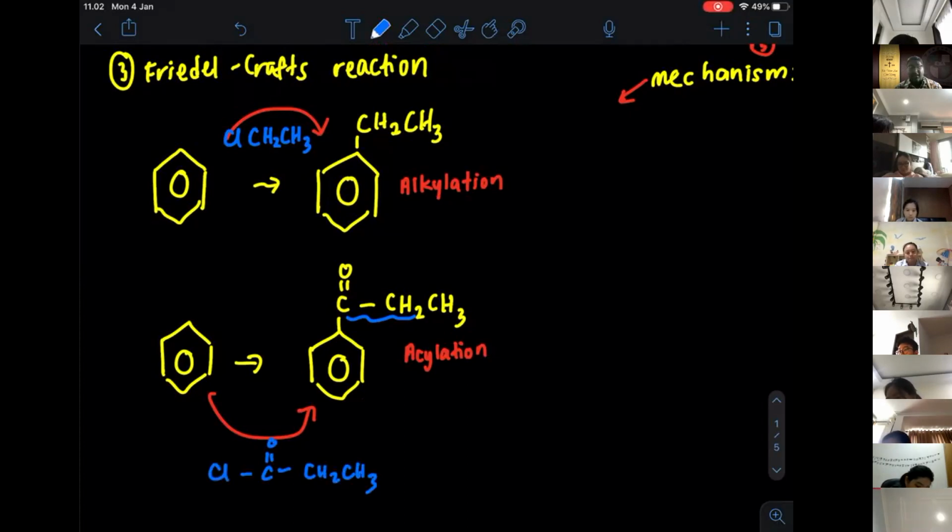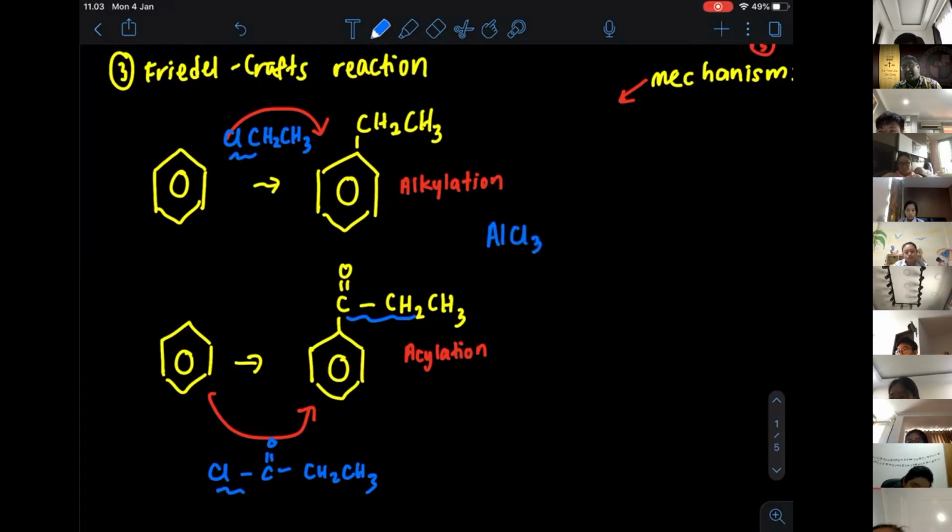So what is extra? Something that has Cl. Do remember, it is not limited only to Cl. It can also happen with Br, and with iodine as well. But generally we use Cl. The reason is that in the textbook, one of the common catalysts we use is AlCl3.